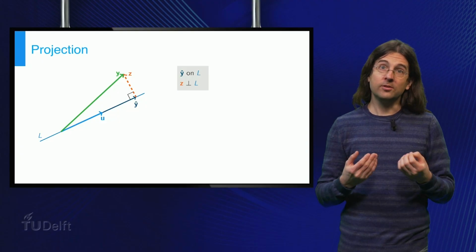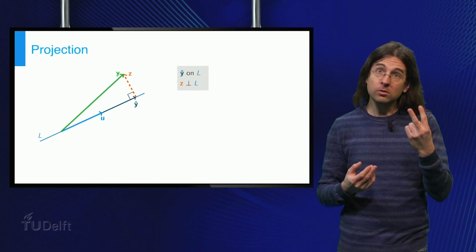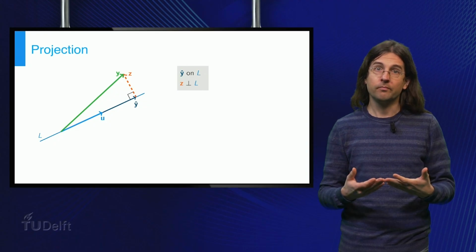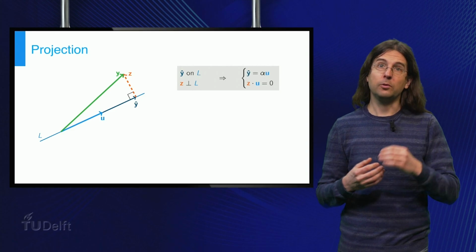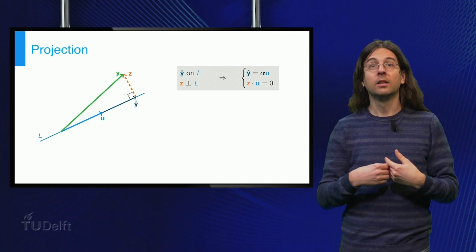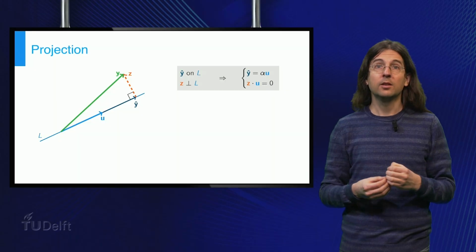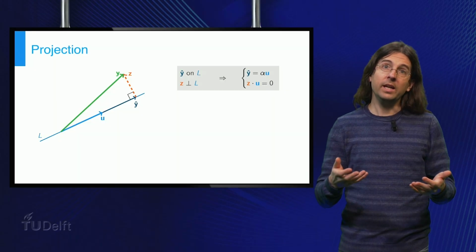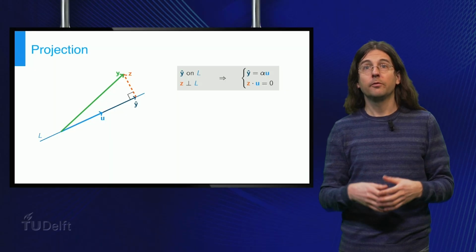The previous sentences contained 2 defining properties. Let's rewrite both of them mathematically. First of all, the vector y hat must be on this line. That means that y hat must be a multiple of the vector u. So y hat equals alpha times u for some alpha.